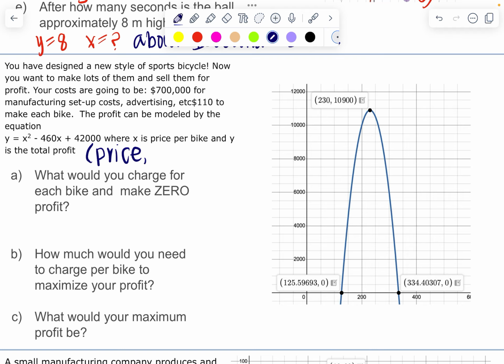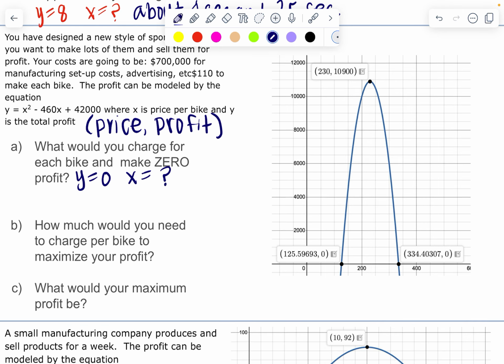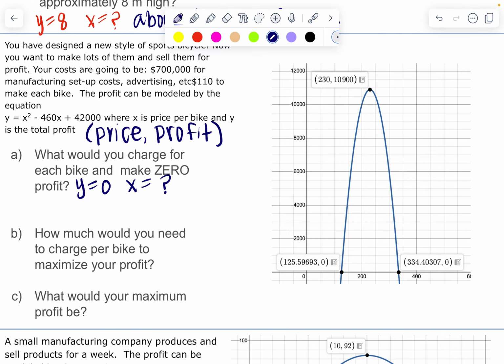The first number in all these is the price. The second number is the profit. So what would you make, or what would you charge for each bike and make zero profit? So they're asking me Y equals 0. What is X? So when Y equals 0, that's my x-intercepts here.